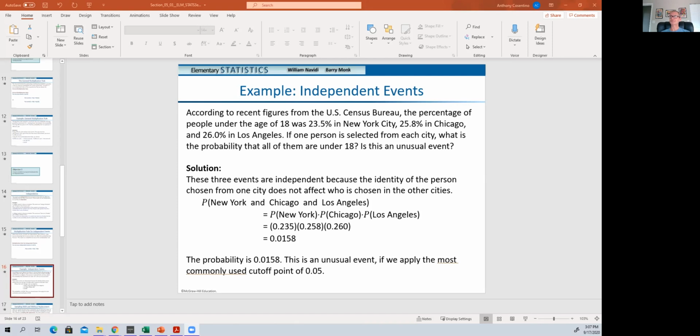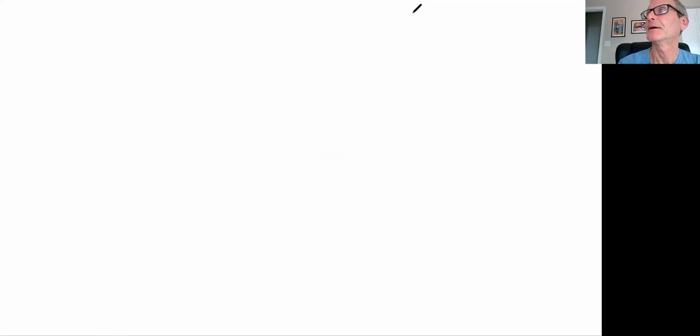And so if the probability of these events are independent, it's nice because it makes the calculation a little bit easier. So what we're trying to do here is, what is the probability that all of them are under 18?